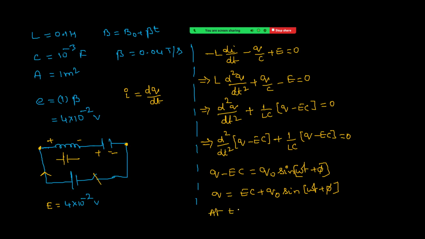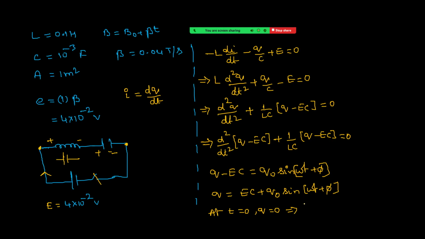At t equal to 0, Q equal to 0, right? That implies, T0, therefore what else is left here? It is phi.